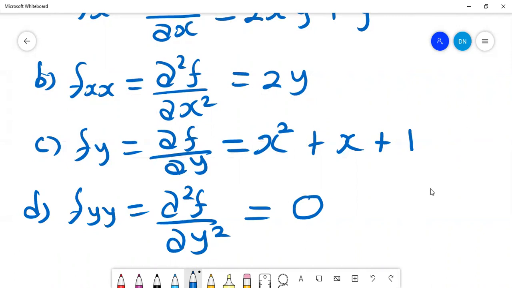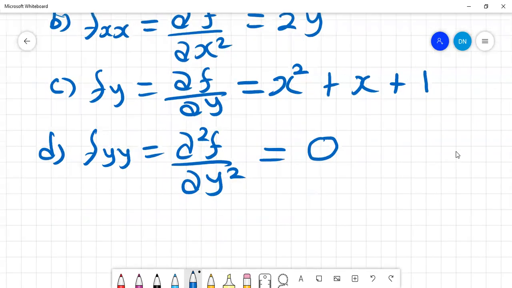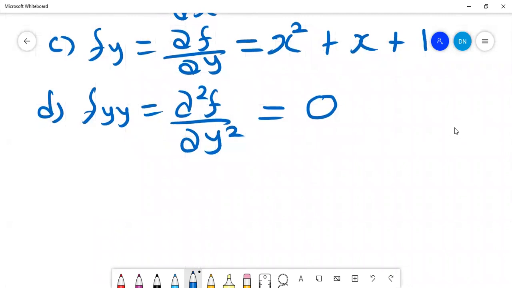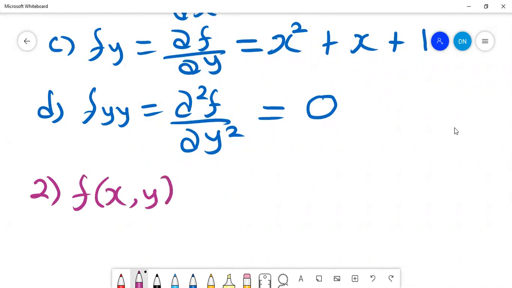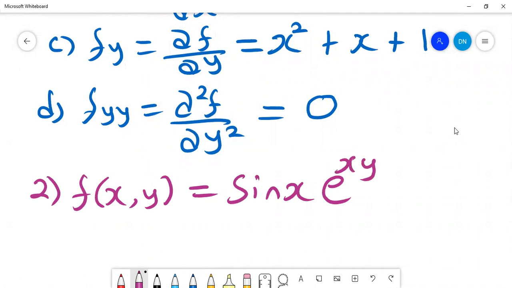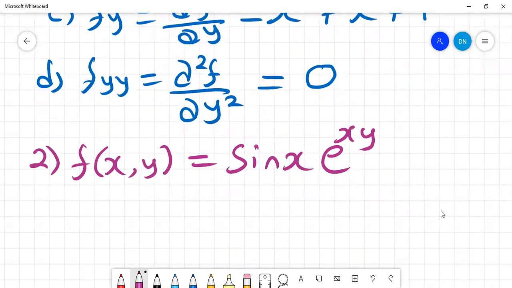So having seen that, we want to look at another example, maybe a little bit more complex, slightly more involved in the computation, but the idea is the same. And here I'm putting up a problem that will force us to use the knowledge that we have from differential calculus, thinking about the product rule at the same time.